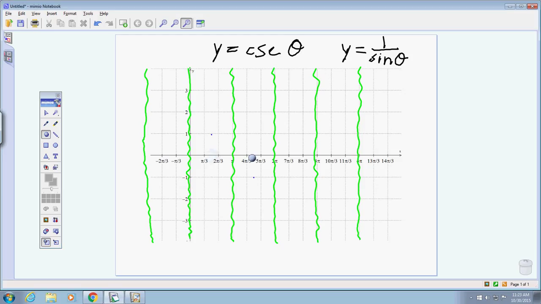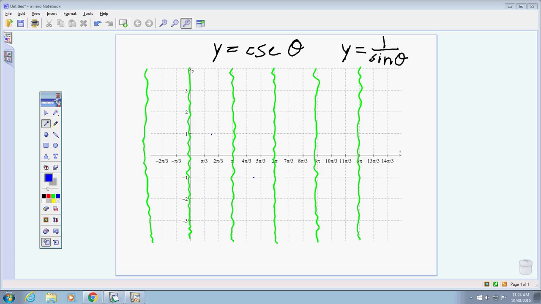Okay. So now we'll use the pi over 3's because they're on there. So at pi over 3, what does sine equal? Think about where that is. It's the top, yeah.